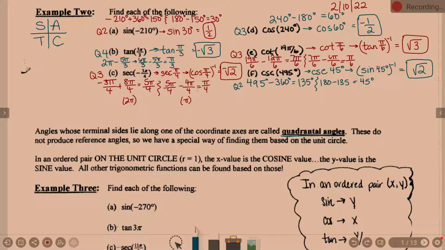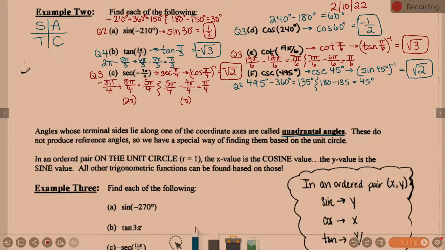I said this is just trying to give you a visual, but we're going to talk about other ways to do those. This is the place. These do not produce reference angles. So we have a special way of finding them based on the unit circle. In other words, they're not going to be 30, 45, or 60 degrees from the x-axis because they're going to be on one of the axes, whether it be the x or the y-axis.